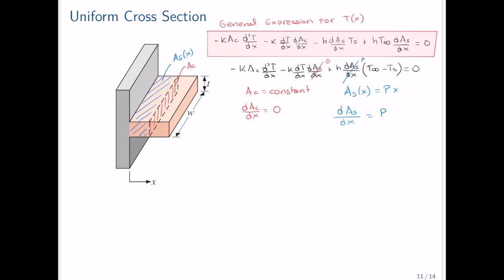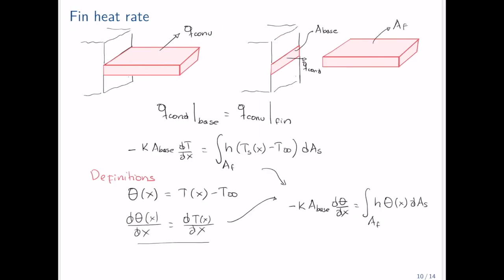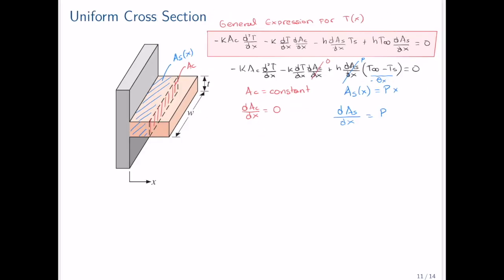Also, we know that T infinity minus Ts is going to be equal to minus theta of x because of the definition that we have from before. So we have theta of x is equal to T minus T infinity. Okay, so this is going to be theta as a function of x.